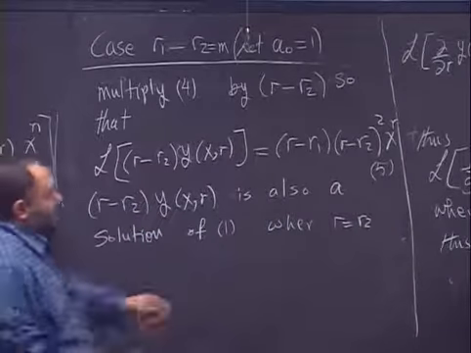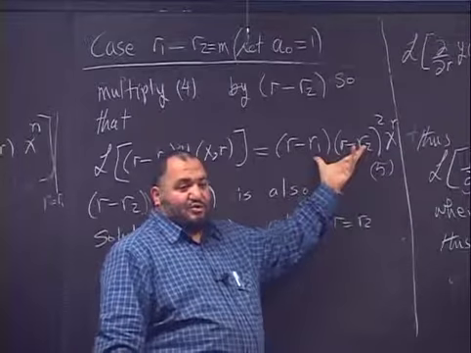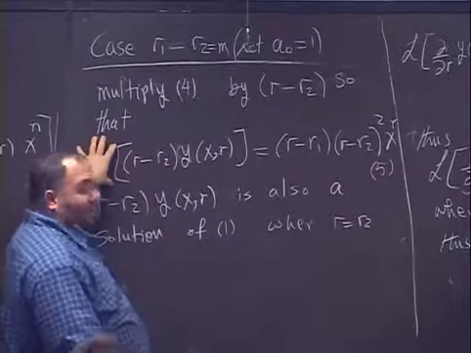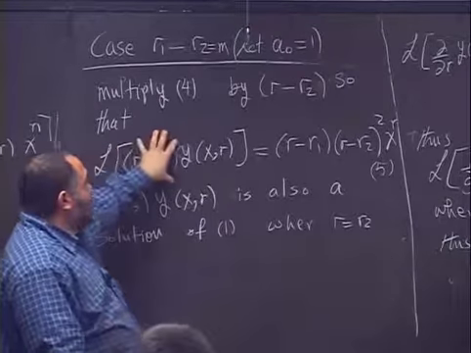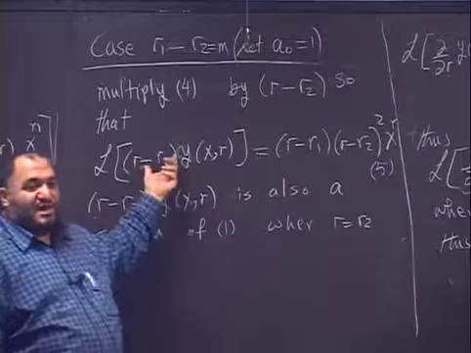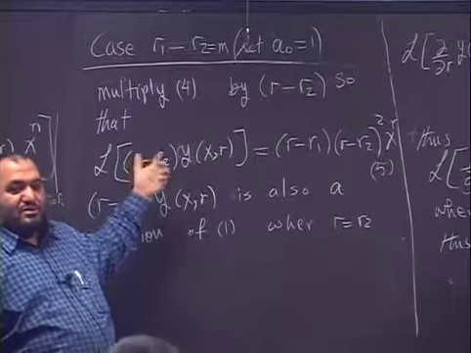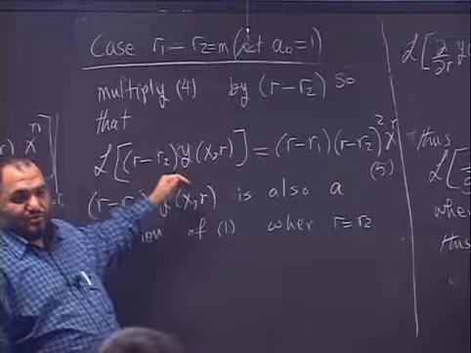So when you substitute r equal to r2, this will give you 0. So operator L, this is the operator for the differential equation, operating over a new function equal to 0. So this function satisfies the operator equation. So it does satisfy the differential equation.